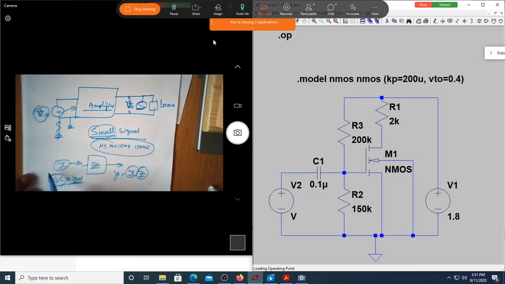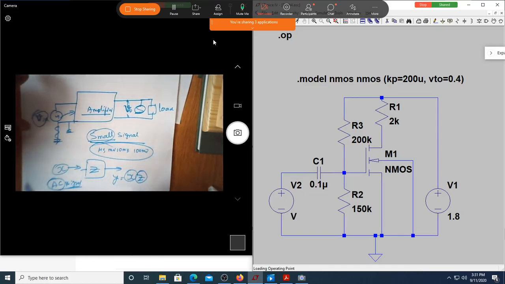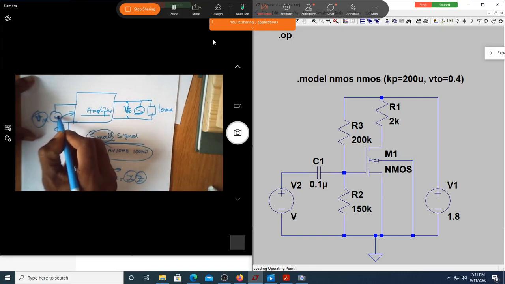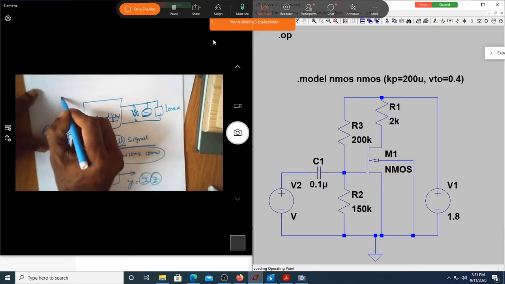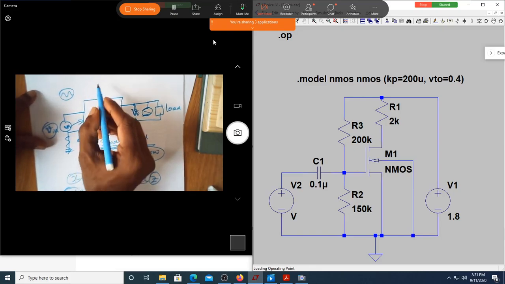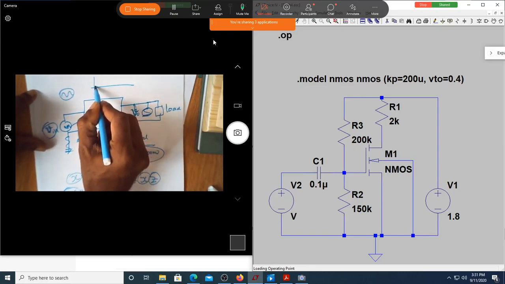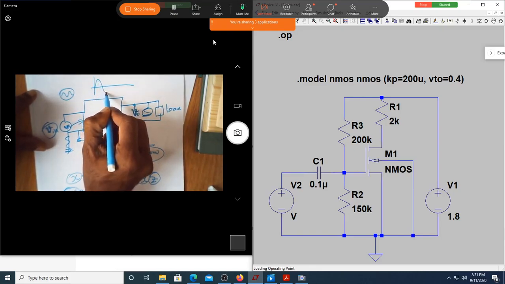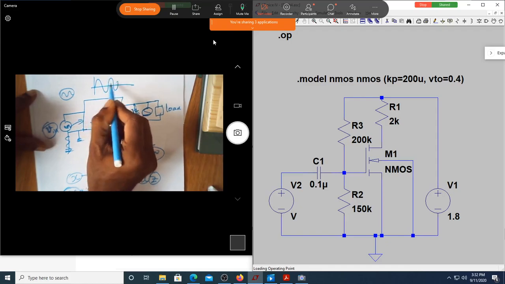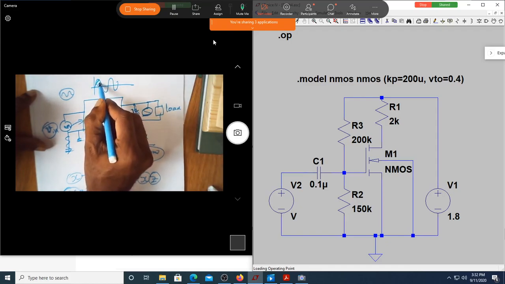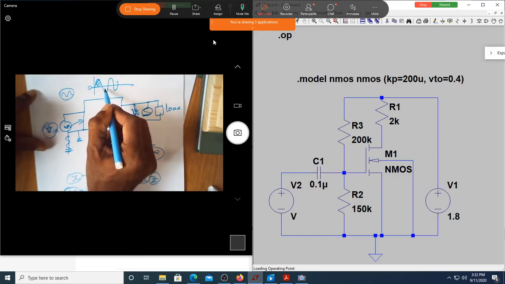The input that you are applying is an AC signal. I have written it like this. An AC signal is one whose average value is 0. What do you mean by average value? The area above 0 should be the same as the area below 0.